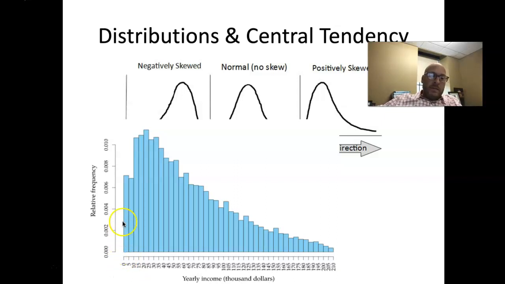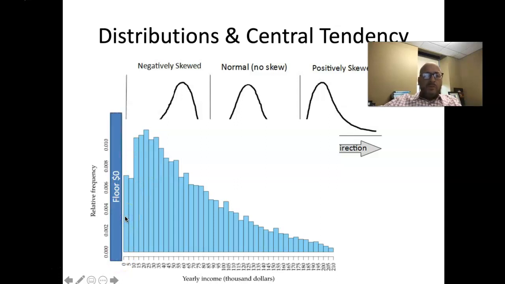You can go into debt, but that's a different concept altogether. So here what you have is a floor effect where you can't go below a certain point. And if there wasn't a floor there, well, this might turn out to be normal, but there is a floor, and so it's positively skewed. Floor in this case is $0.